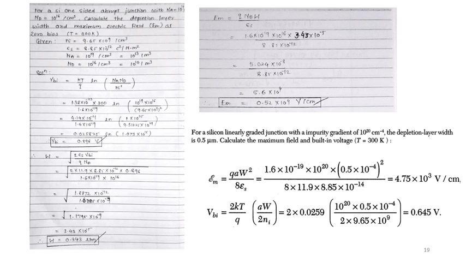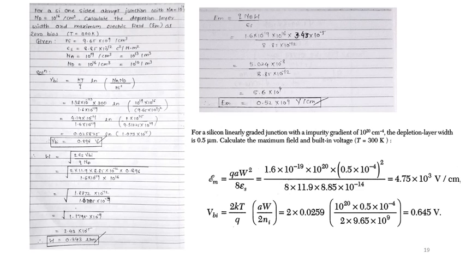Then we calculate the depletion layer width W using our equation for the one-sided abrupt junction, putting in all the values. You get W equal to 0.343 micrometer. Finally we calculate the maximum electric field, Q N B W by epsilon S. Put in each value and you get 0.52 times 10 to 4 volt per centimeter.